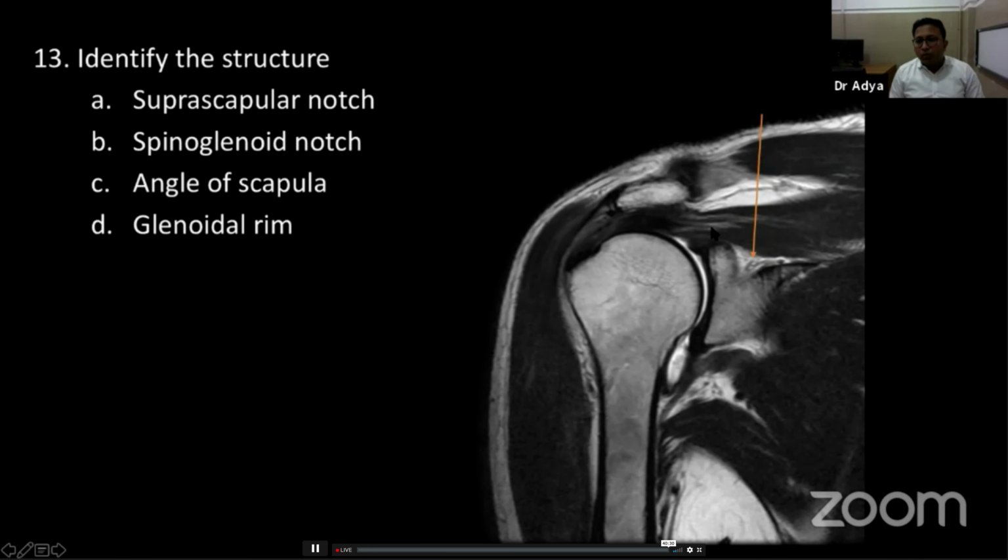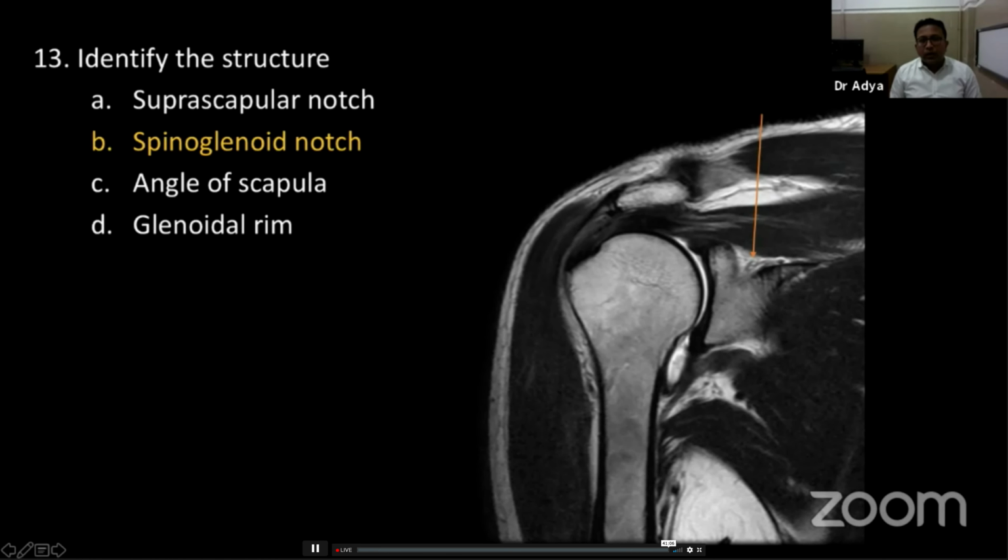But if the compression by the paralabral cyst is at the level of the spinoglenoid notch, then the nerve branch to the supraspinatus muscle would have already taken off. So there will be sparing of the supraspinatus muscle from denervation edema or atrophy, and only the infraspinatus muscle will be atrophied if the suprascapular nerve gets compressed at the spinoglenoid notch. So that is the significance.